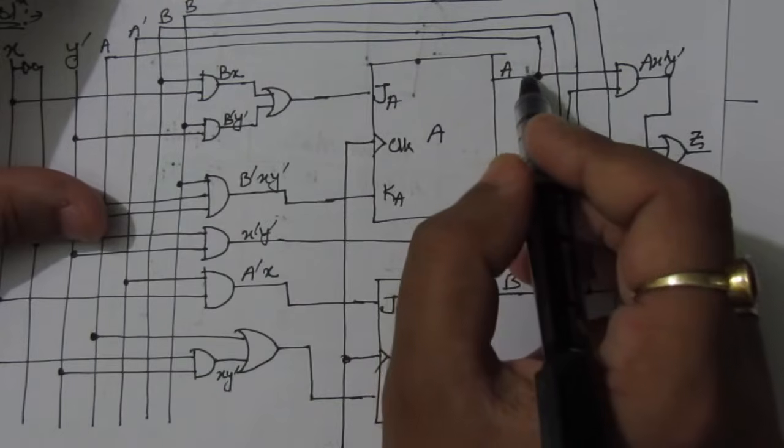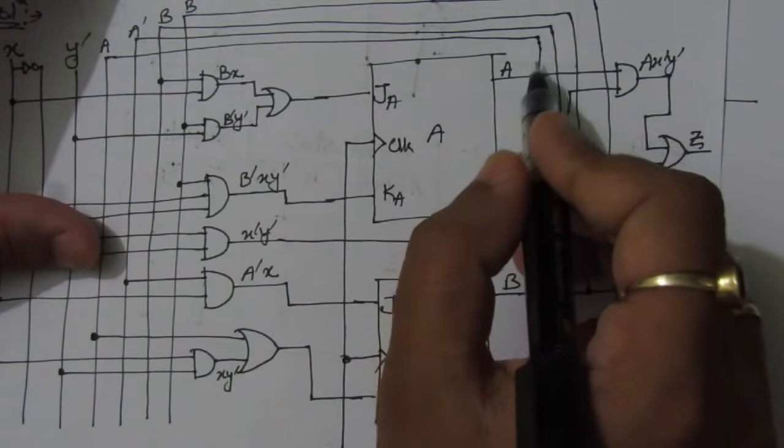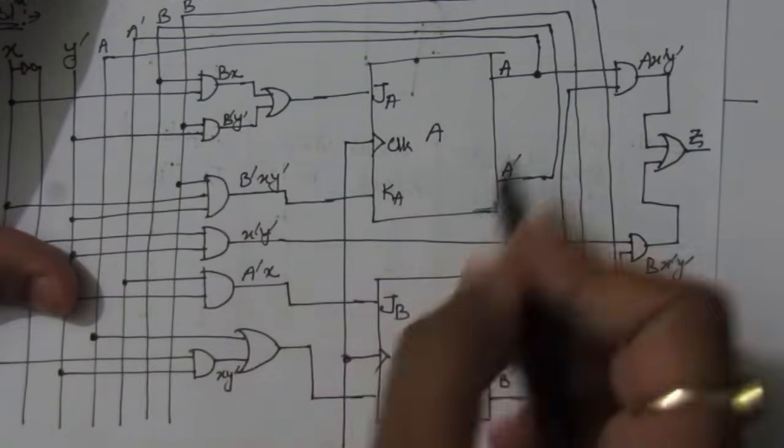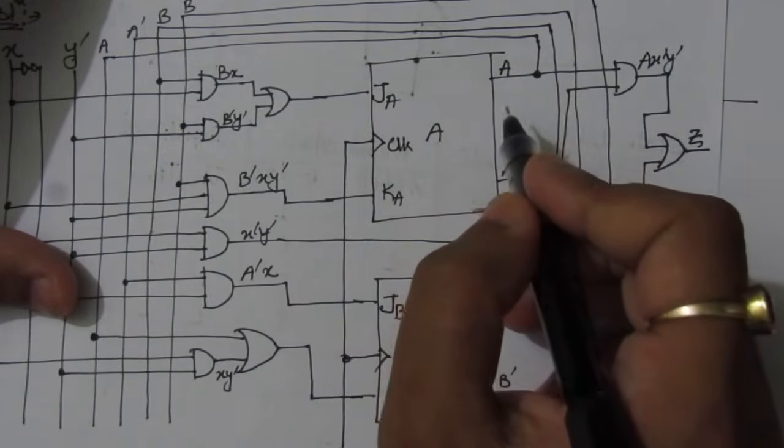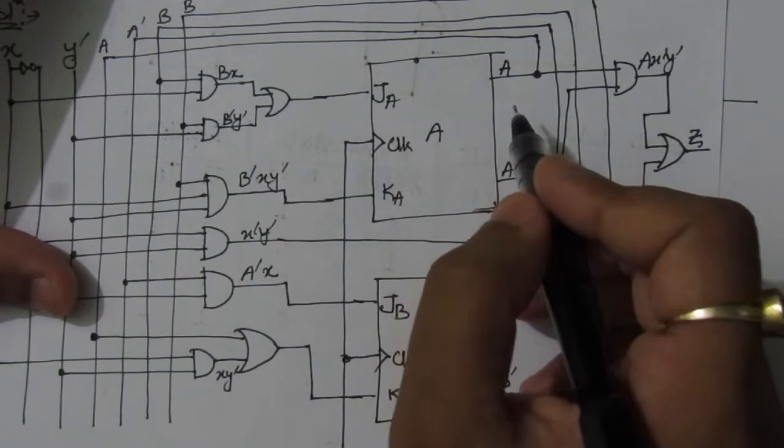Now we have to find the next state value. That means after giving some present state value, we have to find the next state value. That will follow the JK flip-flop characteristic equation.